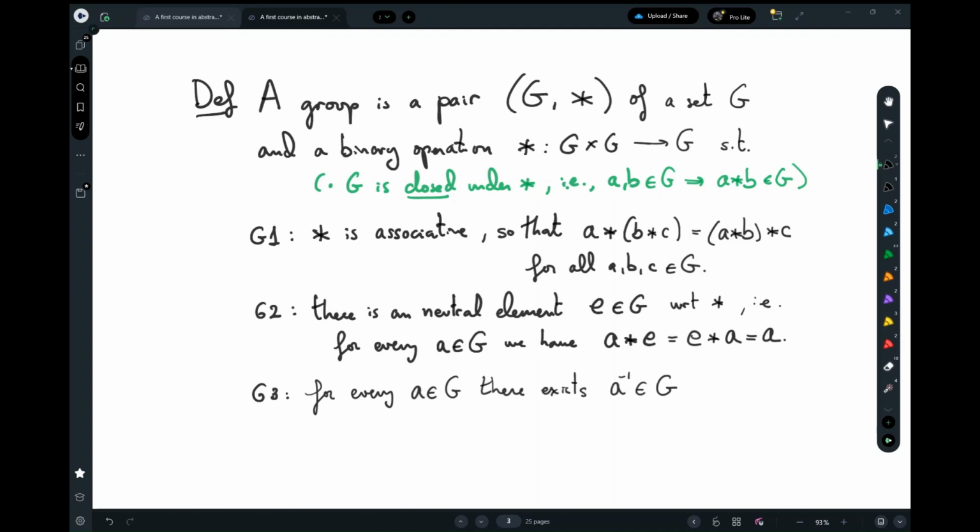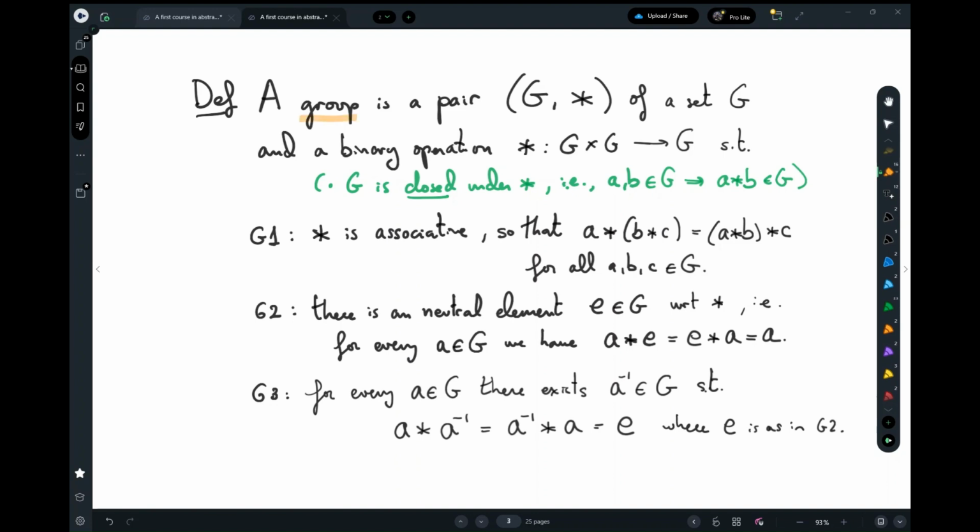It's just some other element in G such that A star A inverse is the same as A inverse star A is the identity element, where E is as in G2. Okay, and that is it. This is the definition of group.